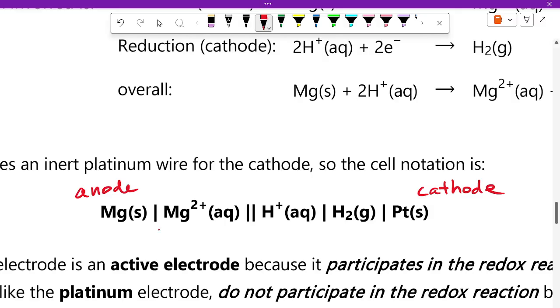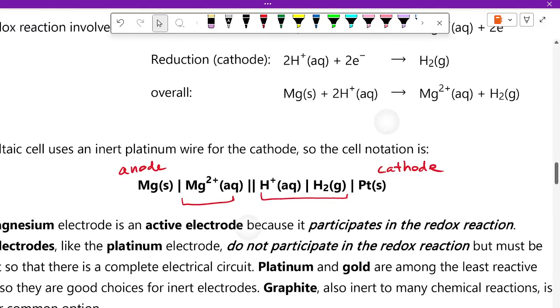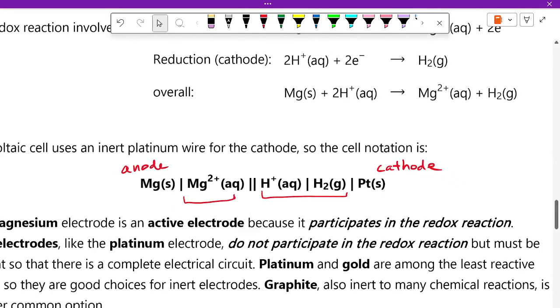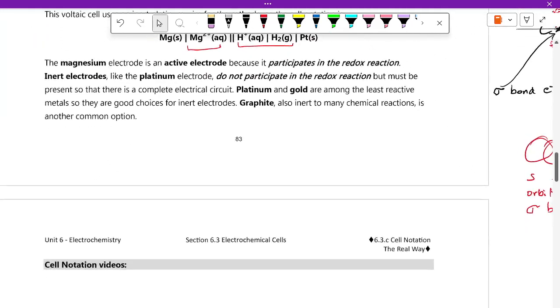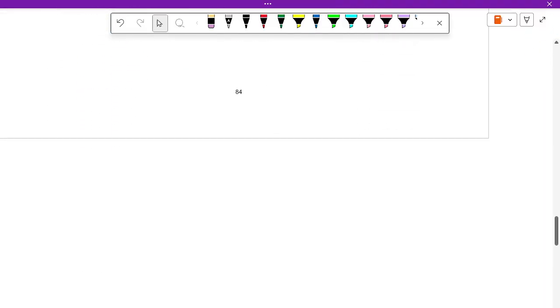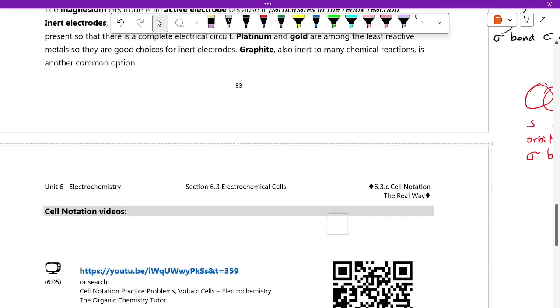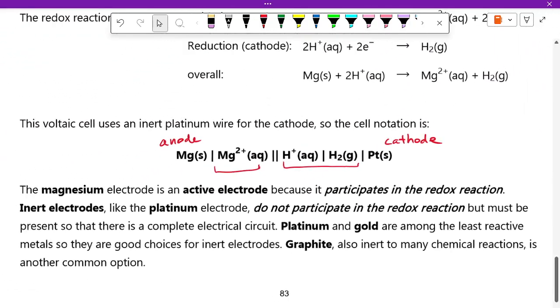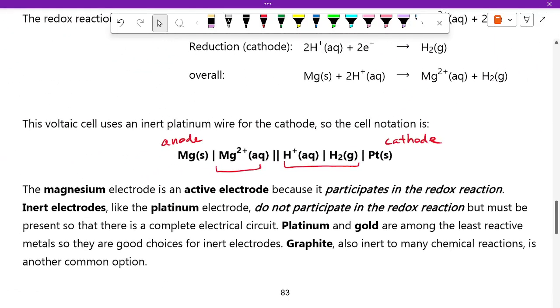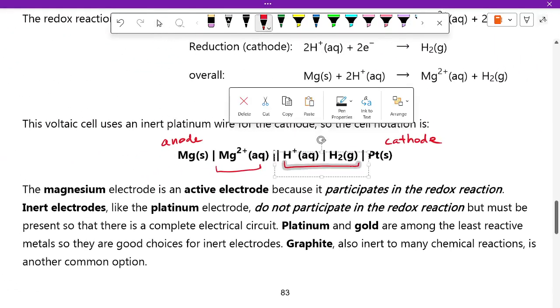We have our Mg2+ ion, but over here we have H+, and we have H2 and potassium. You're not going to have to draw that. Does that make sense? I'm not going to, but it's here if you ever want to watch some videos on cell notation. The cell notation part itself is not as important as knowing about the other thing. Gold is also inert, okay? Platinum, gold, graphite, those are all inert.